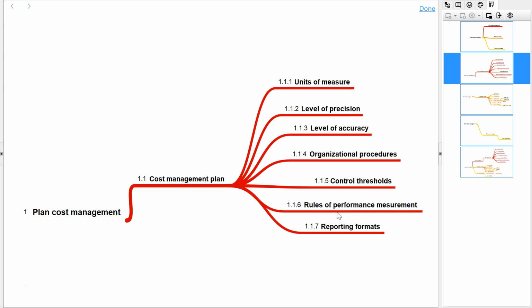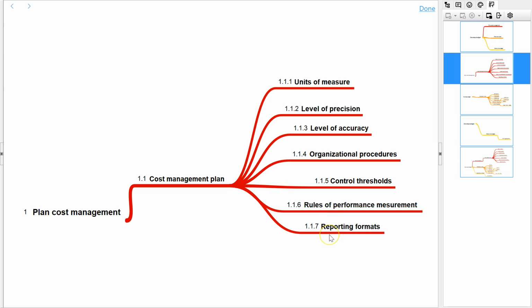Sometimes we follow a 0-100 rule. That means a task is considered as completed only when it is 100% complete. Or it can be a 50-50 rule, meaning we can take 50% credit as and when we start the task, and the remaining 50% will happen only when we complete it.